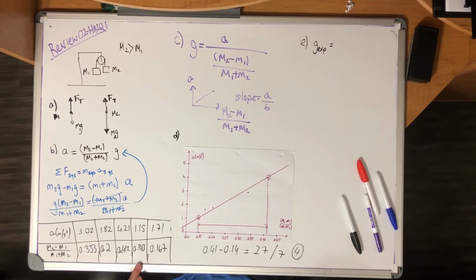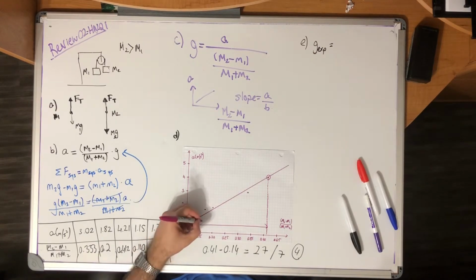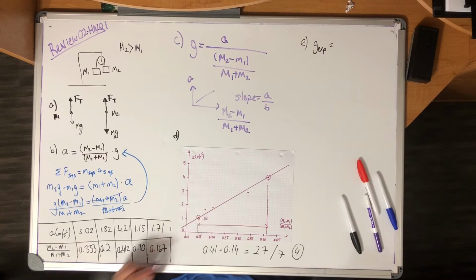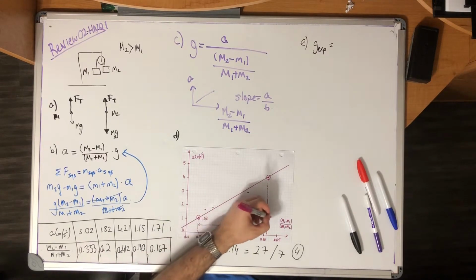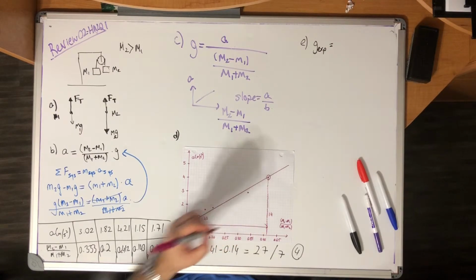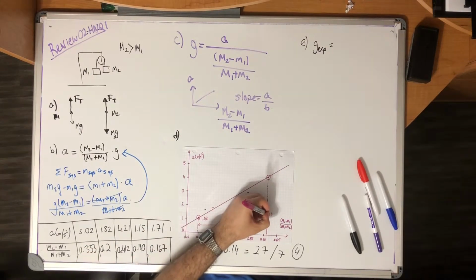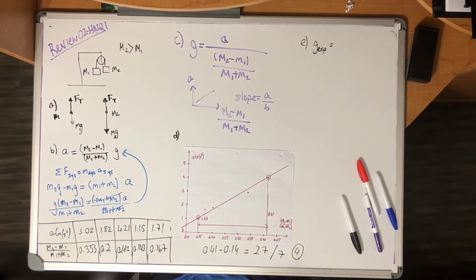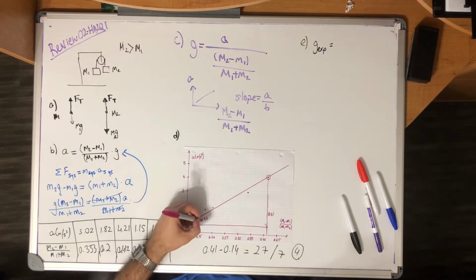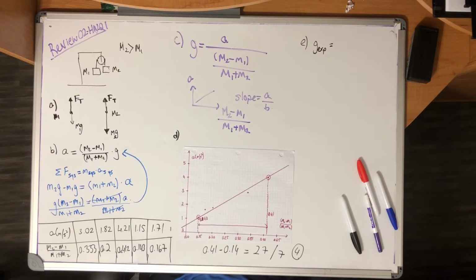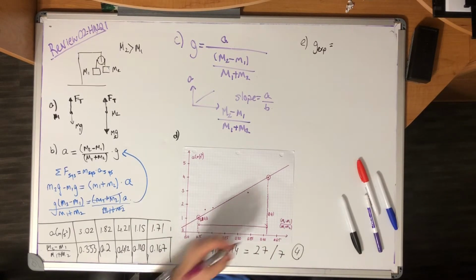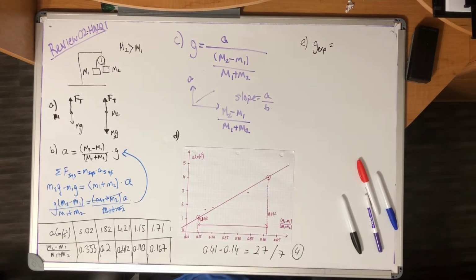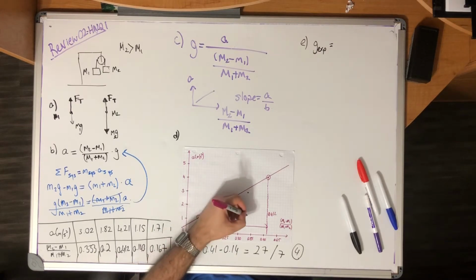The minimum number is 0.143, and my maximum number is 0.412.